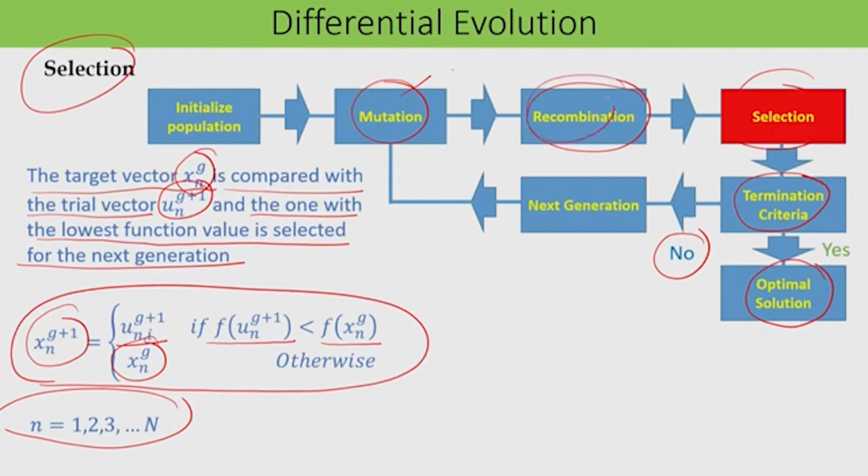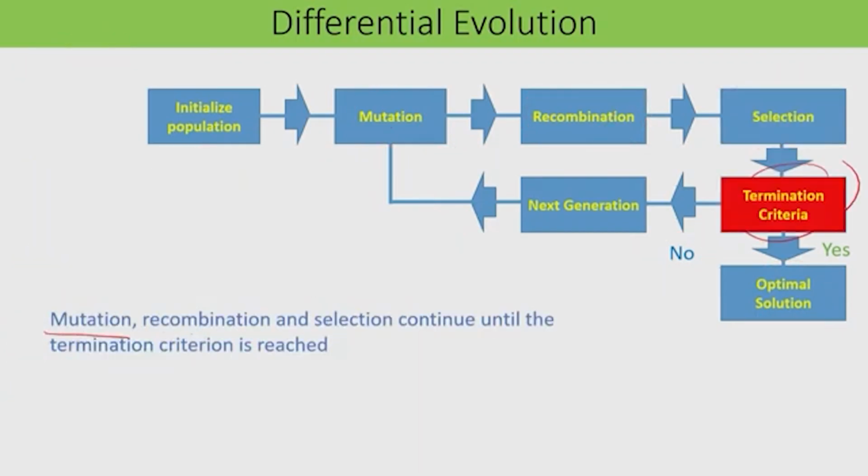Then the trial vector and the target vector will be compared in the selection step, the better one will be taken, and again we will check the termination criteria. This iteration will continue till the termination criterion is satisfied, and once it is satisfied, we will declare the optimal solution. So, mutation, recombination and selection will continue until the termination criterion is reached.